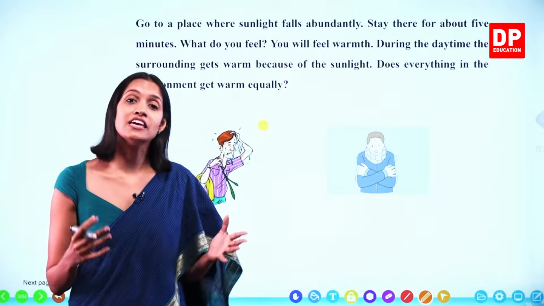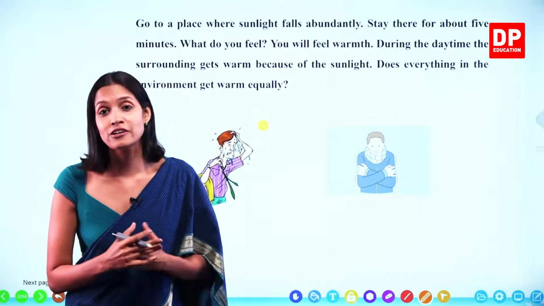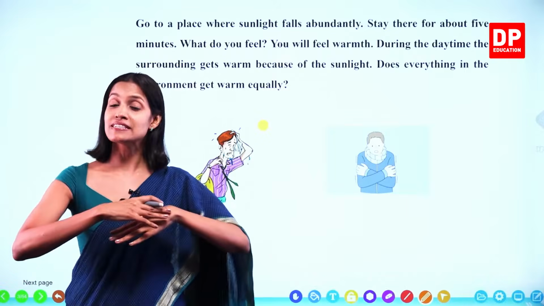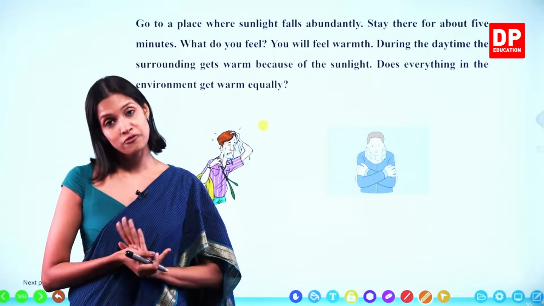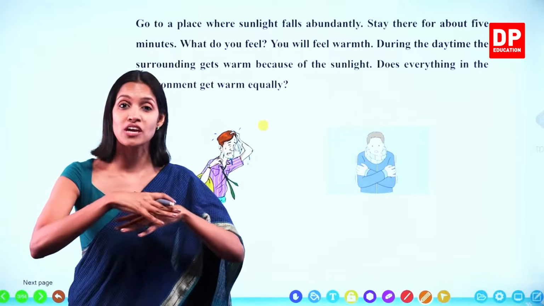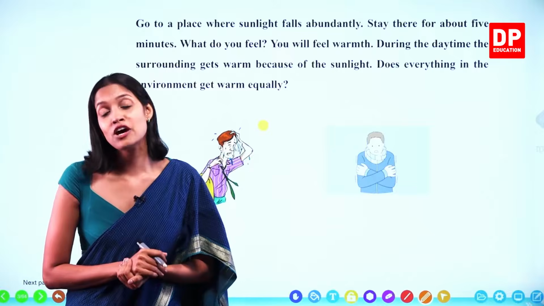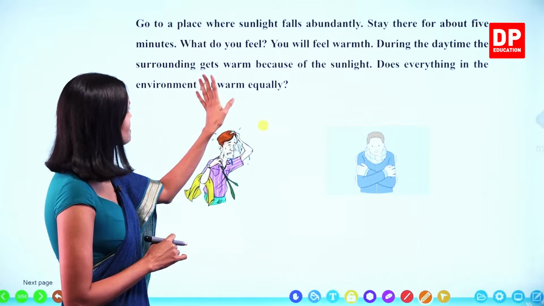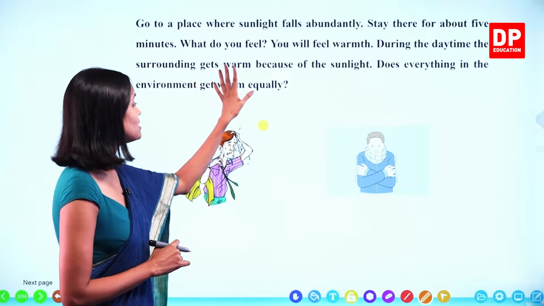Which means that an area like a large playground gets heated up faster, but under a large tree does not get heated up as fast. That is because of the shade given by the tree. That area doesn't get heated up much. Okay, children?